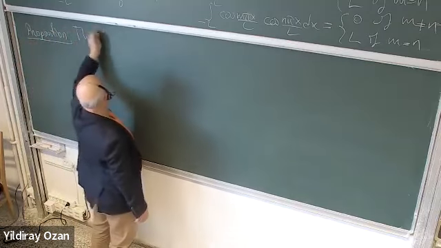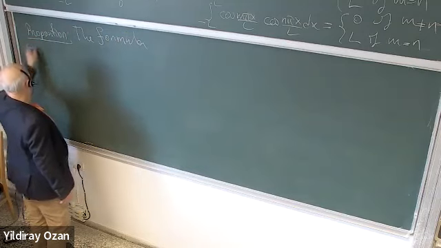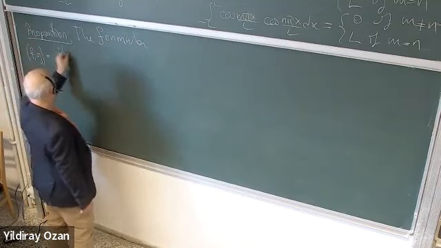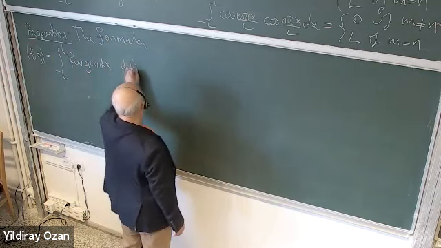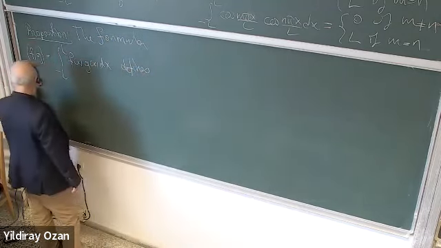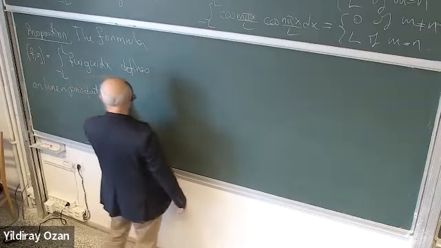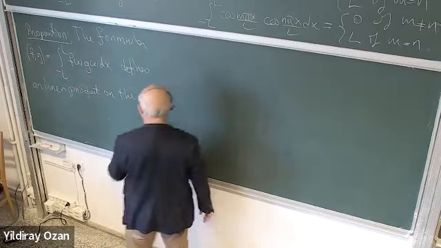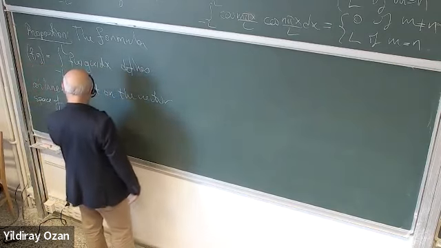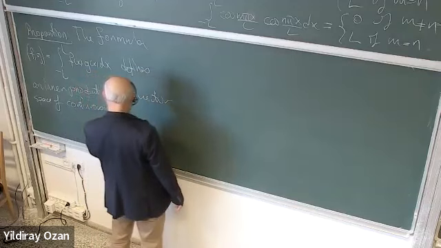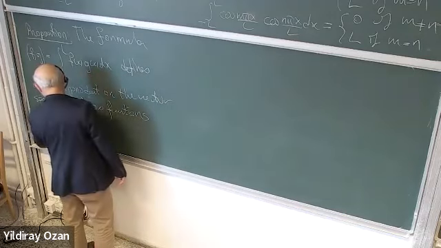The formula (f, g) equals the integral from minus L to L of f of x times g of x dx defines an inner product on the vector space of continuous functions on minus L to L.